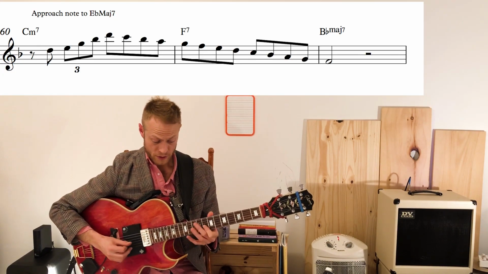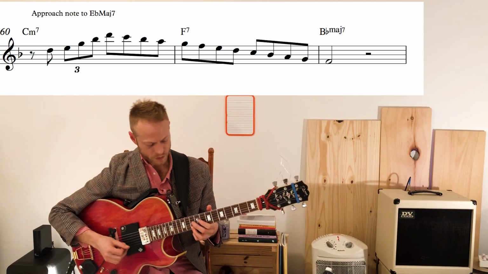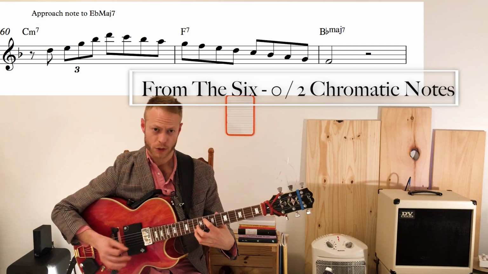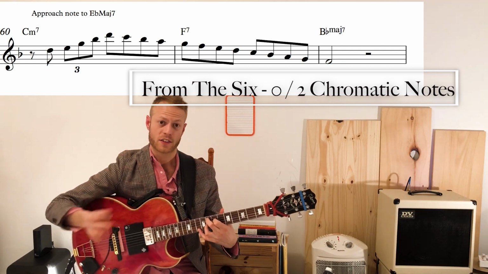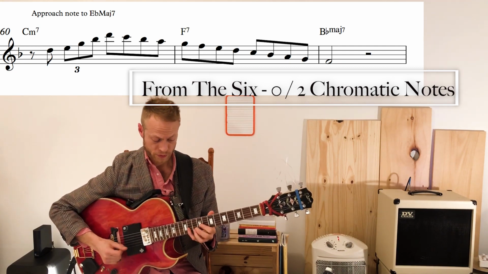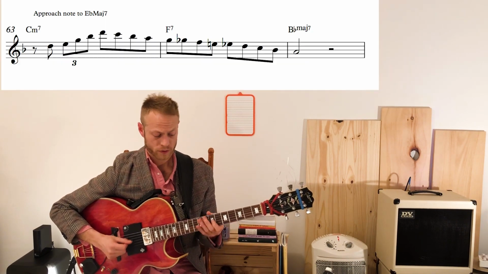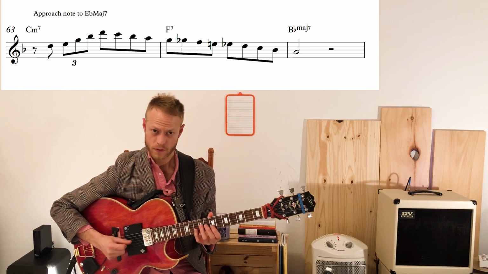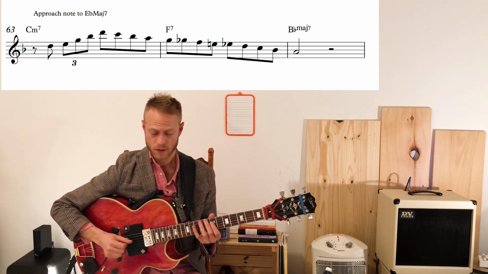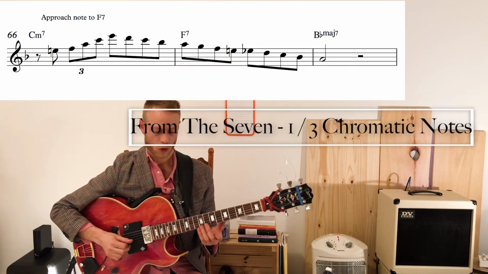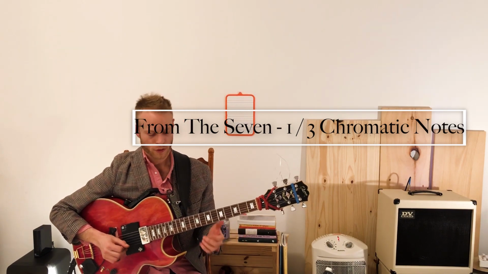Next one would be E flat major 7, right? So in that sense, again, we're hitting the 6th in relationship to the F7, and that has 0 or 2, or... and then the next one will be F7, or that was 1 chromatic or 3 chromatics.